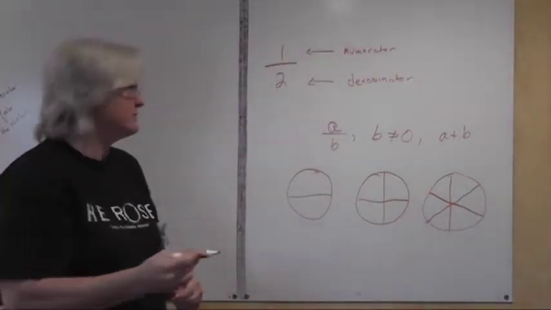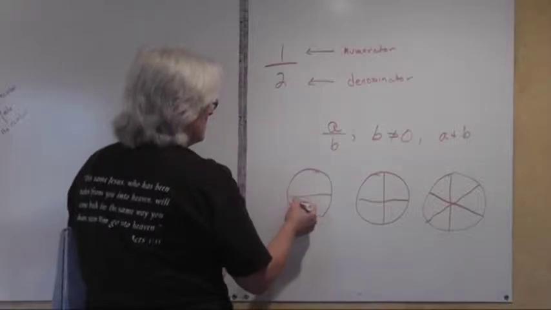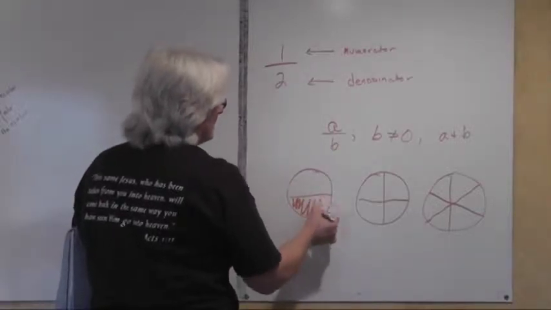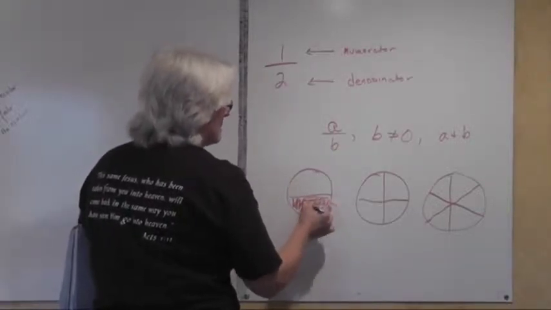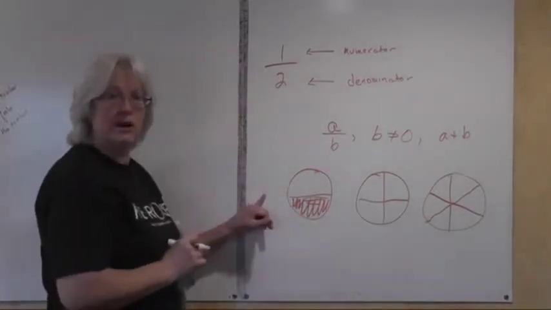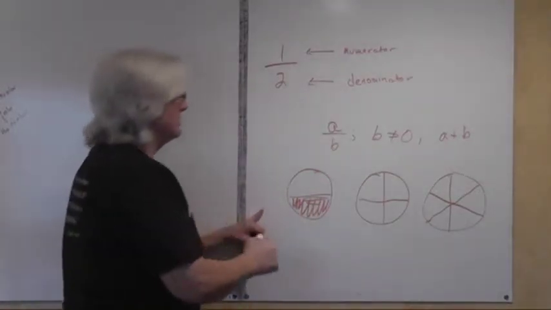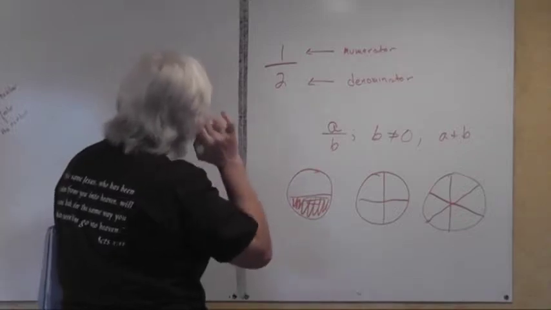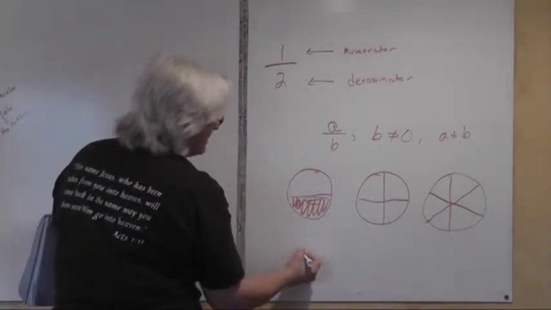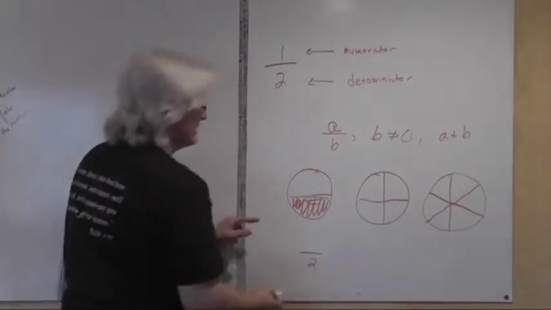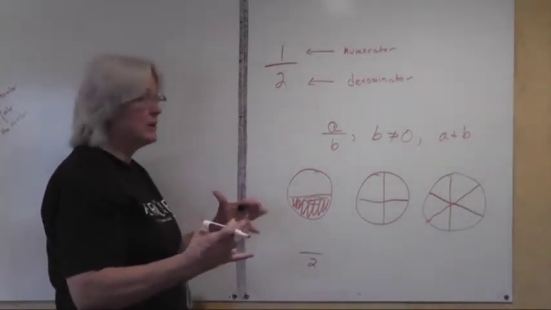Now if we were to go ahead and shade in one of these halves right here, this can be described as a fraction where the denominator represents how many pieces one whole circle is cut into.